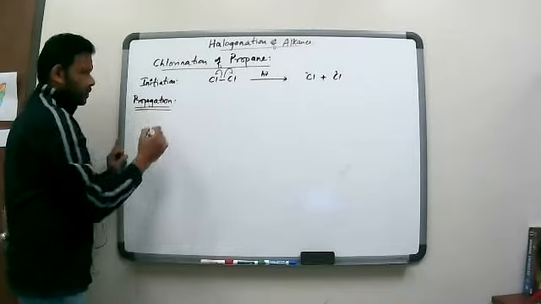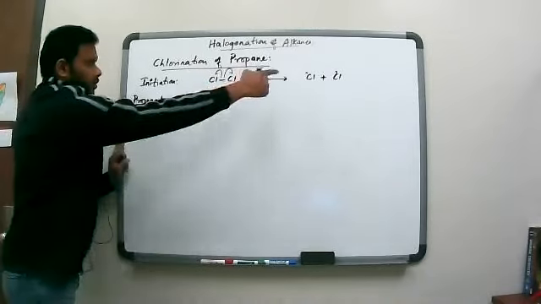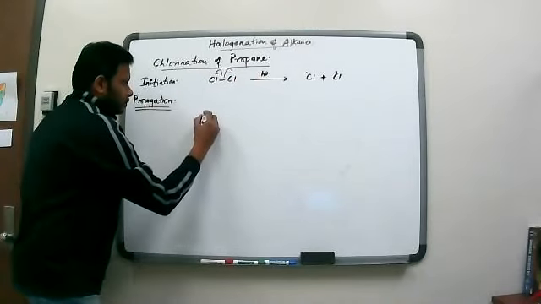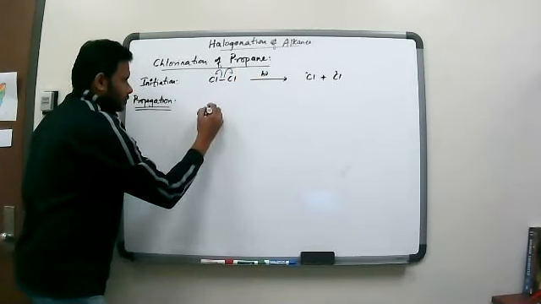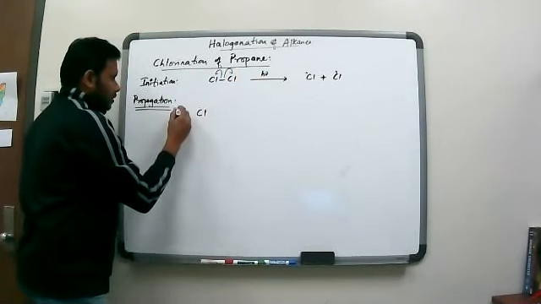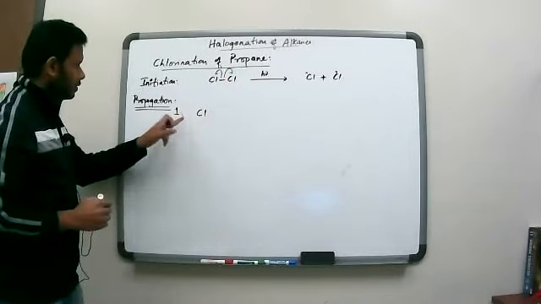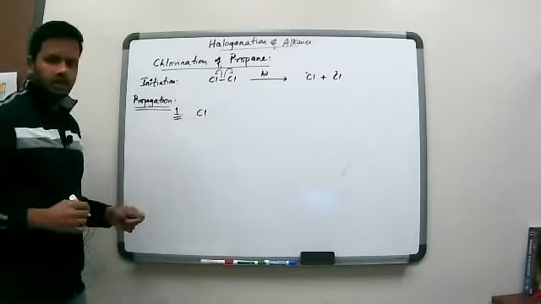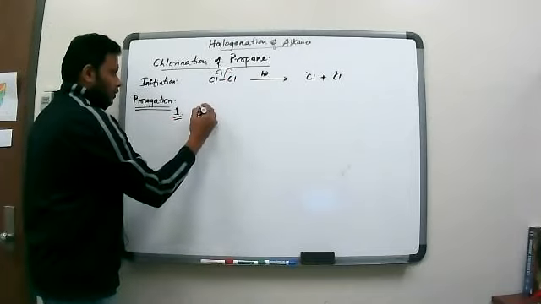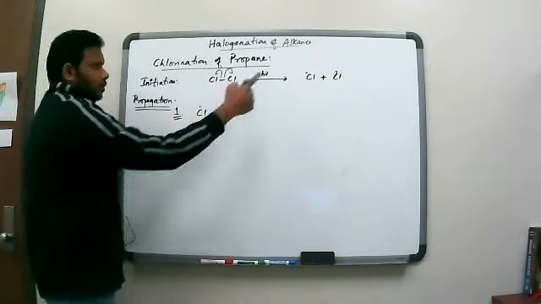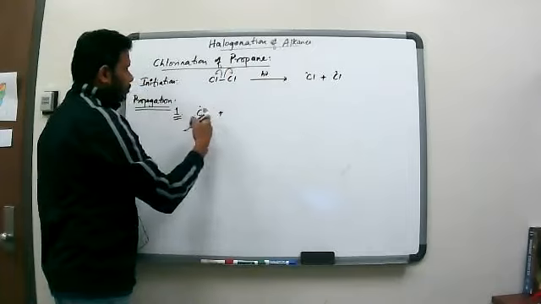So for the propagation step, I'm going to write the first propagation step here. The chlorine radical reacts with propane.